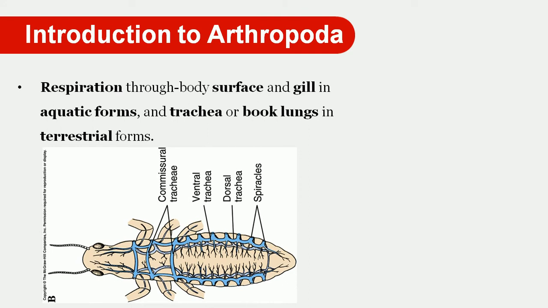In some arthropods respiration takes place through the body surface. In some aquatic arthropods respiration takes place through gills, and some terrestrial animals have trachea, as we can see the tracheal system here. As well as in some arthropods, we can see the book lung in terrestrial arthropods.